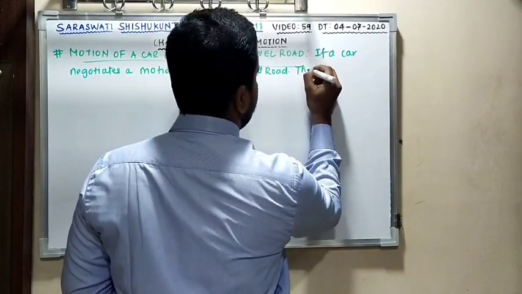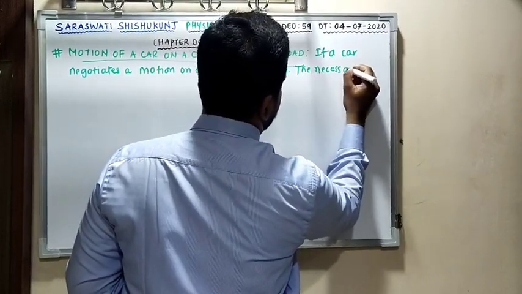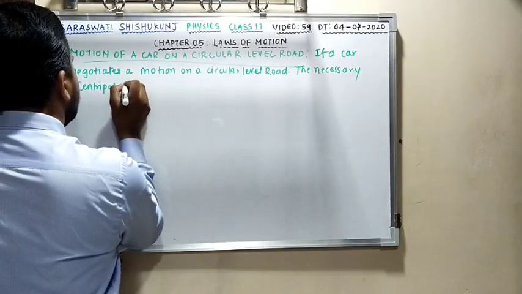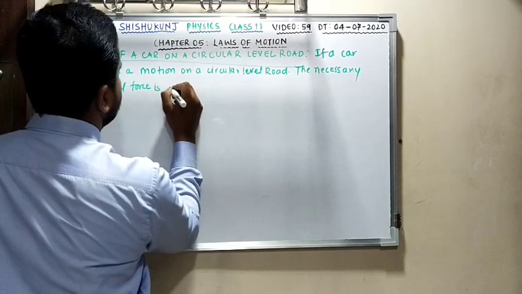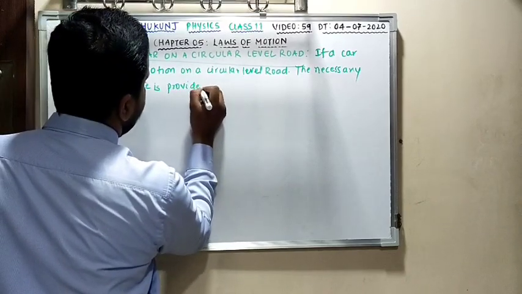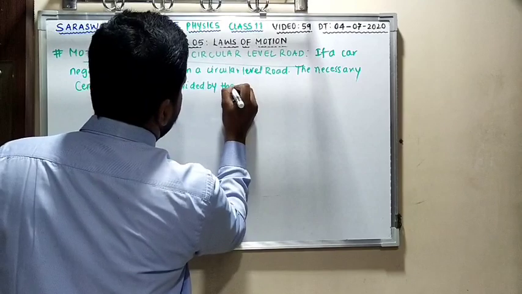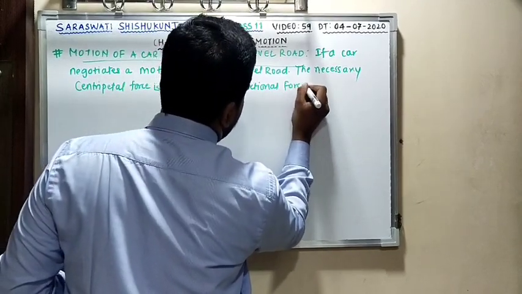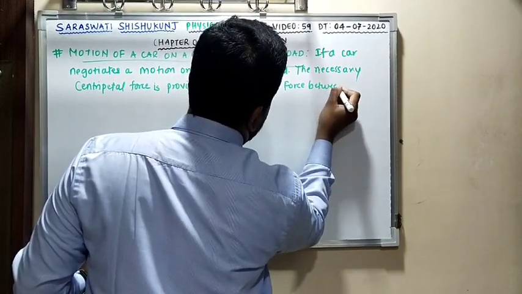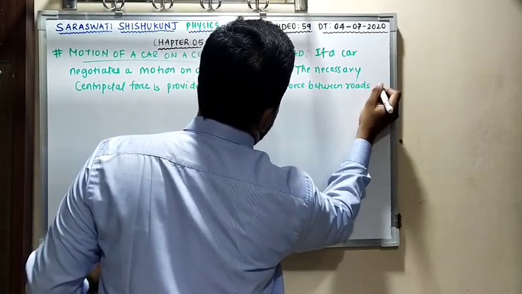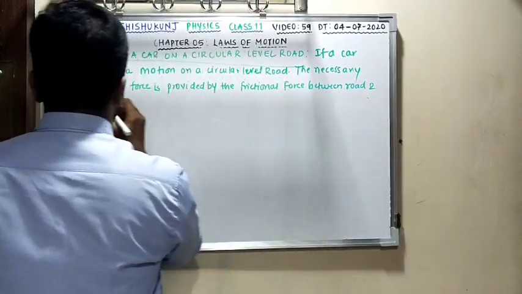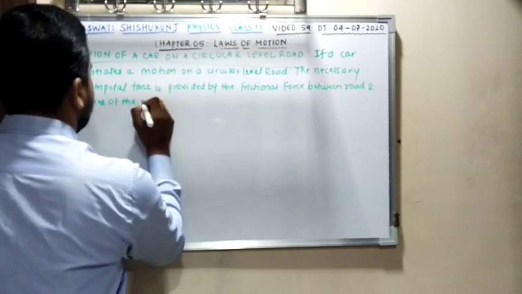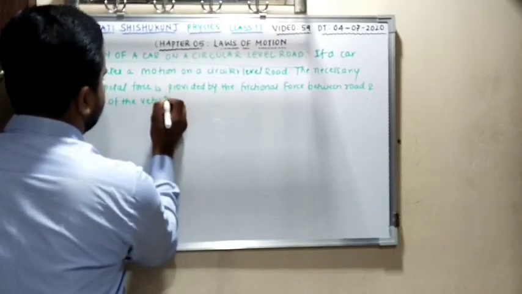The necessary centripetal force is provided by the frictional force between the road and tires of the vehicle. Clear?